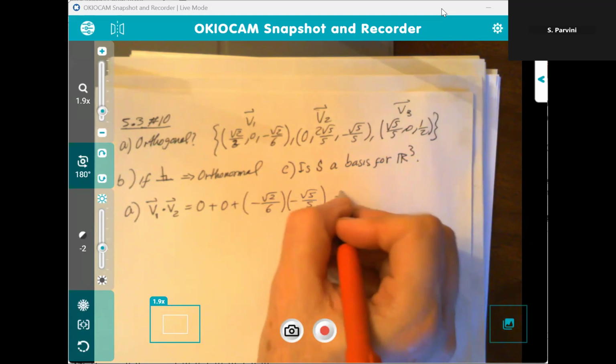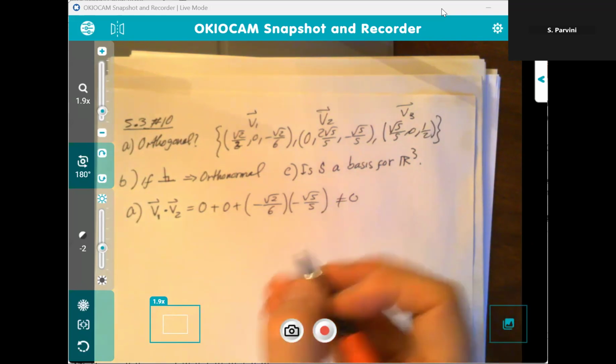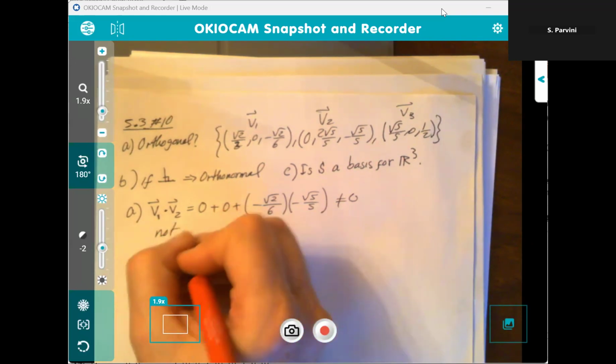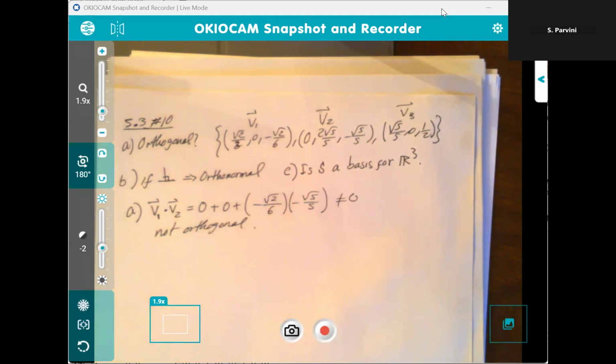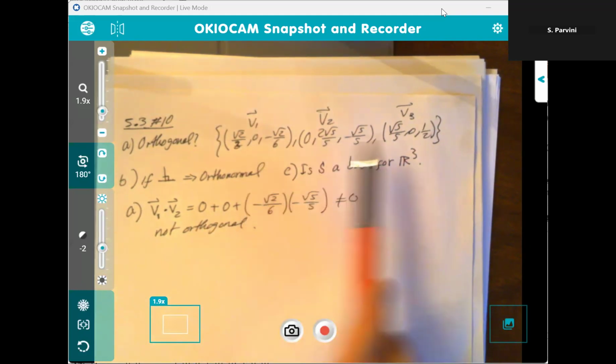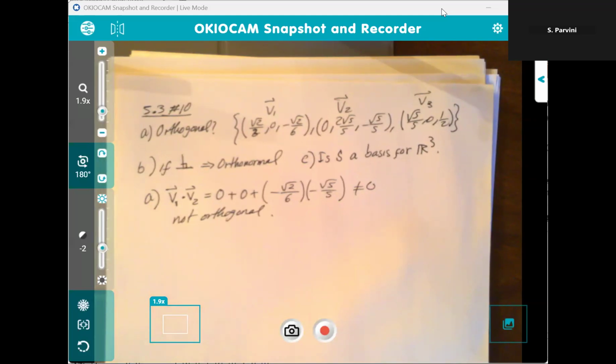Whatever that is, it is not 0. So that's it. The set is not an orthogonal set. Even if, say, V1, V3 and V2, V3 are orthogonal, they have to be mutually orthogonal, meaning every pair has to be orthogonal with respect to one another.